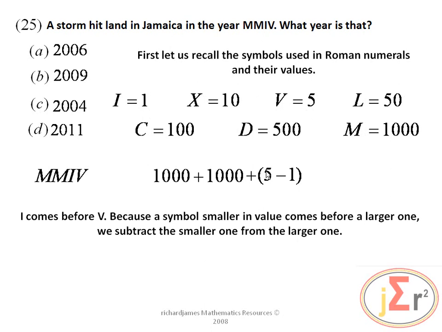So 5 minus 1 will go next, which is 4. So next we are going to add 4. The sum is 2004, and this is represented by option C.